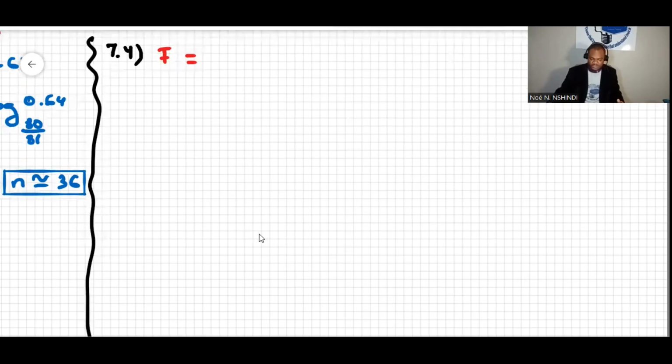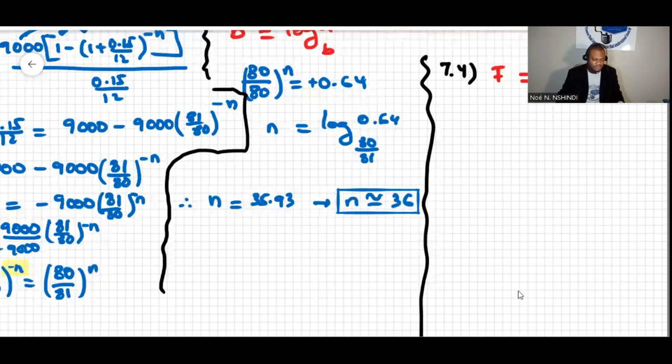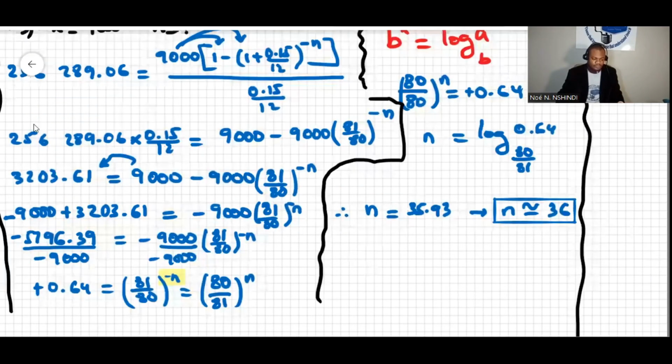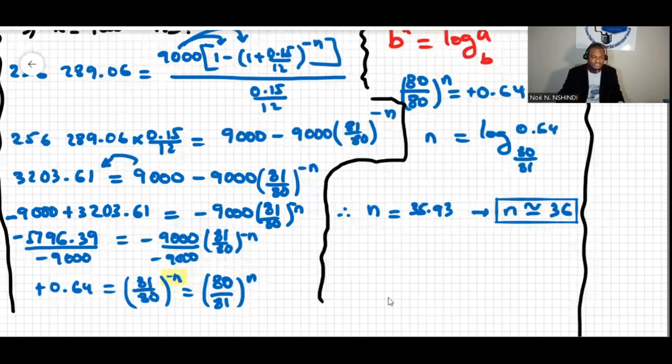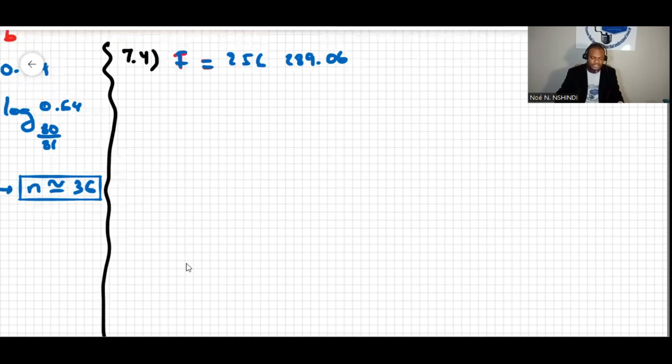Let's just write here the final installment, I call it F. It will be, we got how much here previously? 256,289.06. So this will be 256,289.06. Okay, that's the amount.